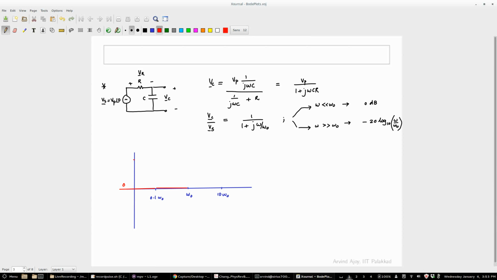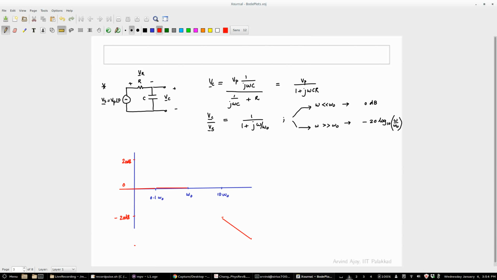For omega less than omega 0, I am exactly at 0 dB. So here I am at that, and then I have to extend it because of the approximation until the corner frequency. So this is 0 dB, that is 0 dB, say that's 20 dB, and say here we have minus 20 dB.